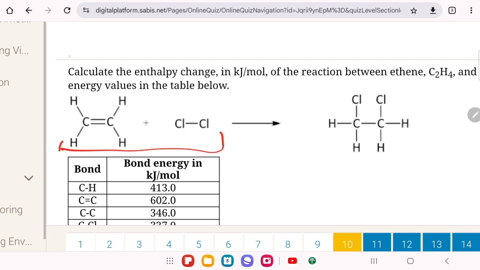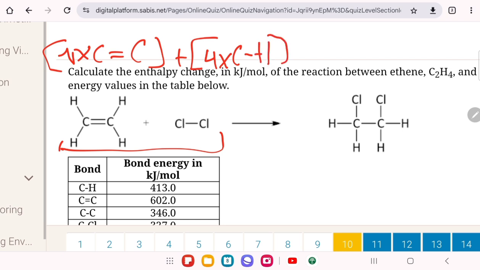What do we have? We have 1 times C=C bond plus 4 times C-H bond plus 1 times Cl-Cl bond.